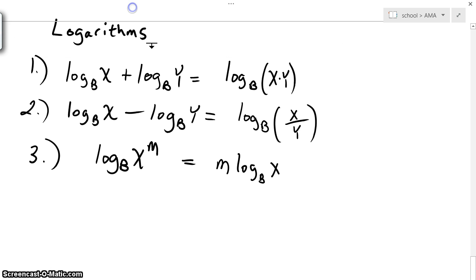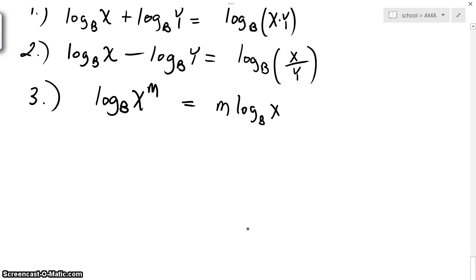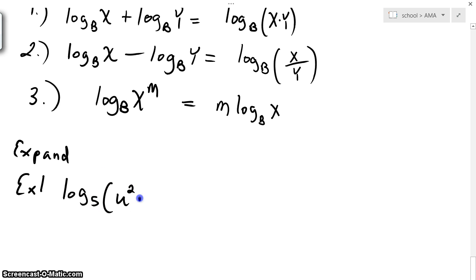Well, that being said, I'd like for us to do a number of problems right now to help us out. Let's say that we'd like to expand some logarithms. For example, number 1, I am giving you the log base 5 of u squared times the fifth root of v.